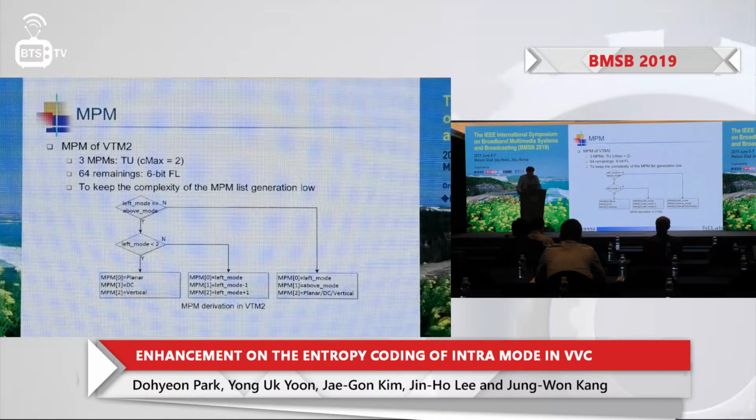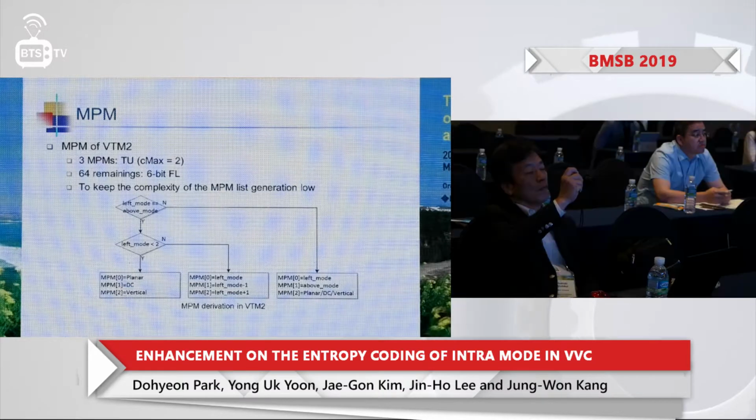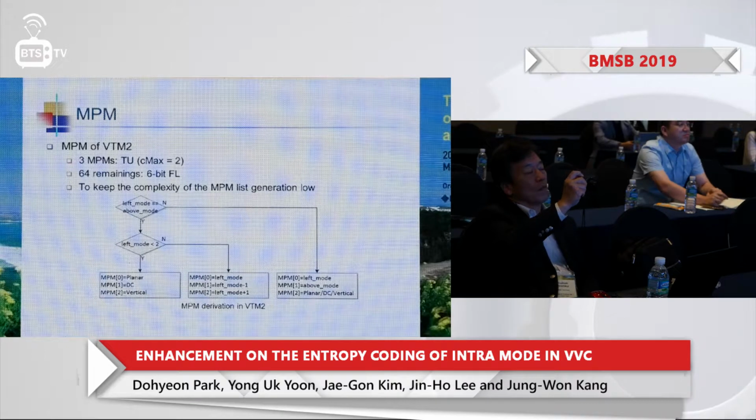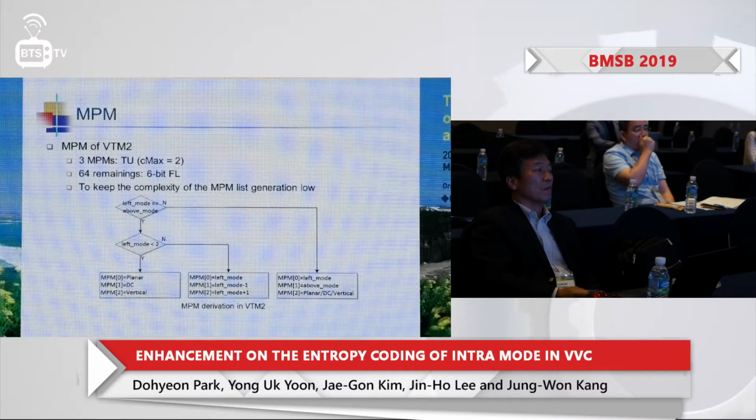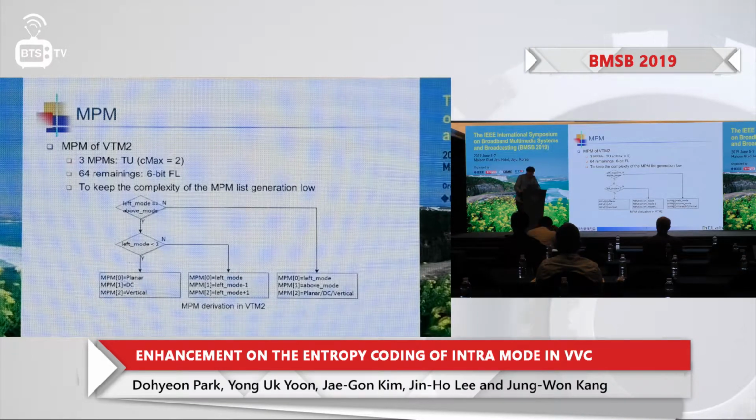This page shows the process of MPM derivation in VTM2. The number of MPMs in VTM2 is 3. It is binarized by the truncated unary code, and the 64 remaining intra modes are coded by the fixed length code.